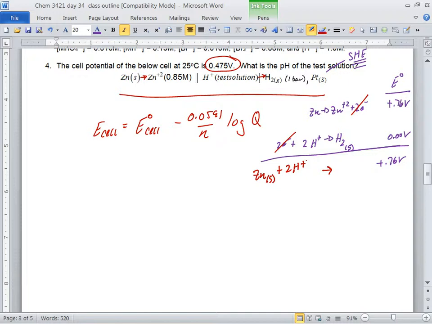That's it for the reactants. Product side, add that stuff up. I'll have 1 zinc ion and hydrogen gas. So I have pretty much everything I need to write that Nernst equation.